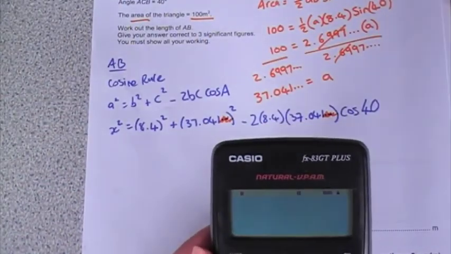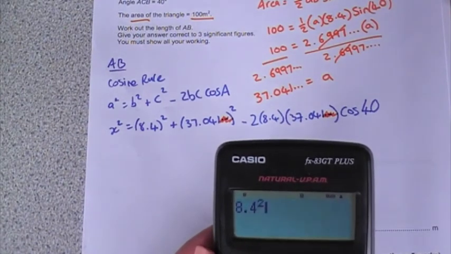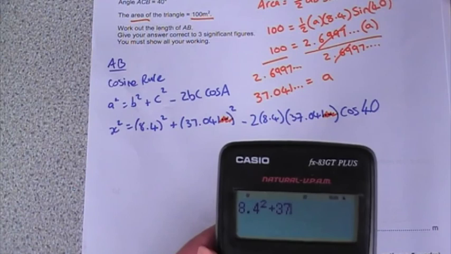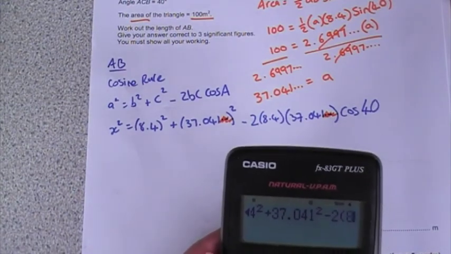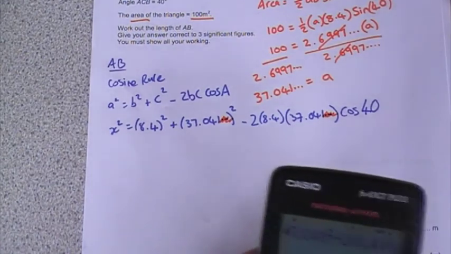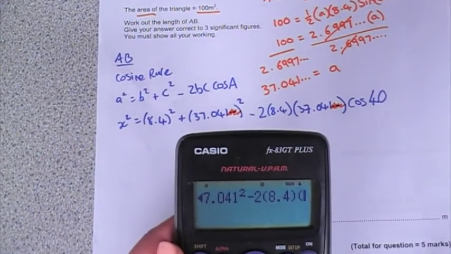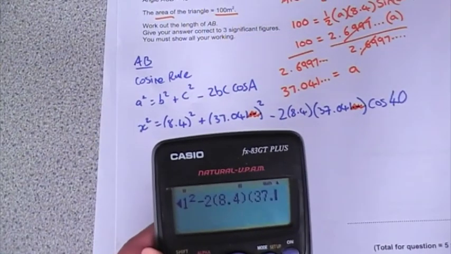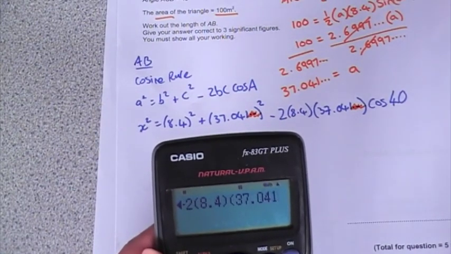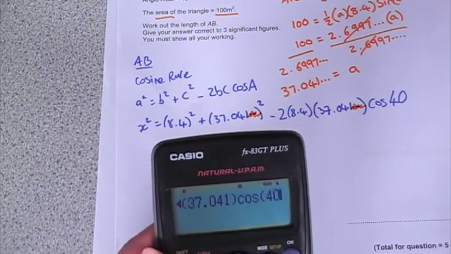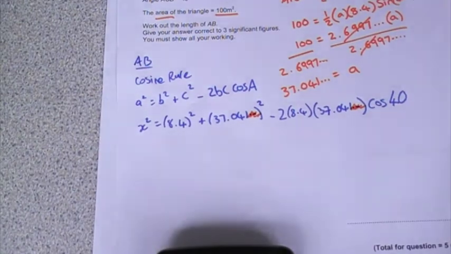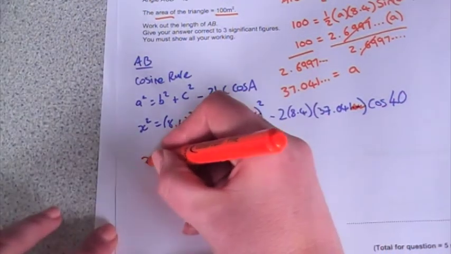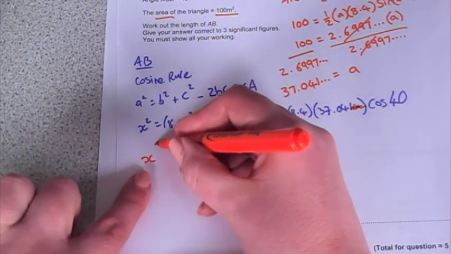So I've got 8.4 squared plus 37.041 squared minus 2 open bracket 8.4 close bracket open bracket 37.041 close bracket cos 40 close that bracket off equals 965.89. So that seems awfully large, but remember it's x squared.